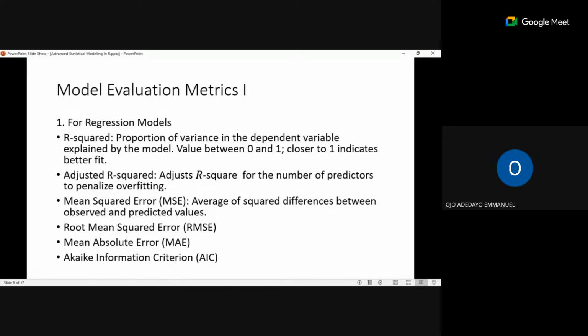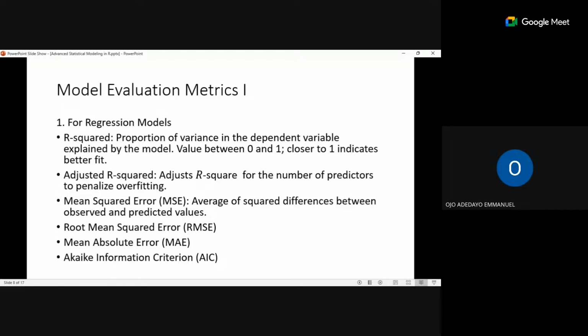Now, the Akaike information criteria and Bayesian information criteria, these two metrics, they normally use them when you are comparing models. Maybe you have developed a model for tuberculosis in Nigeria. Another person has developed a model for tuberculosis in Ghana. Another person has developed a model for tuberculosis in Niger.